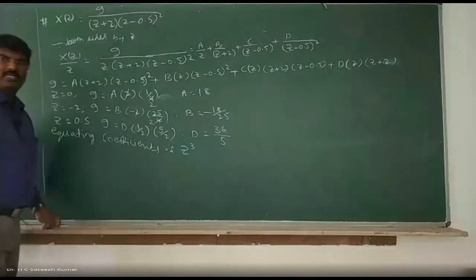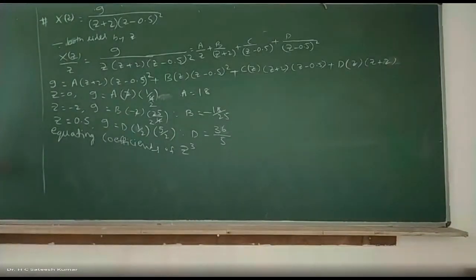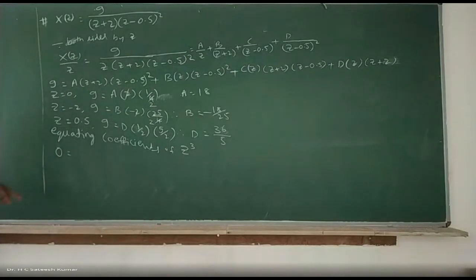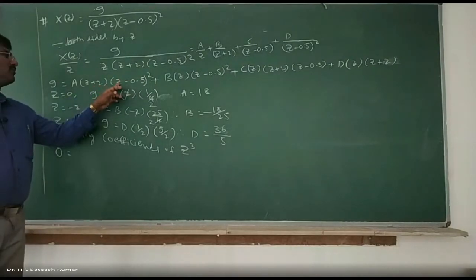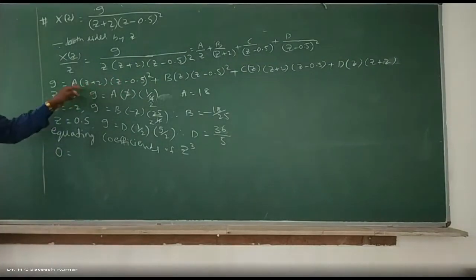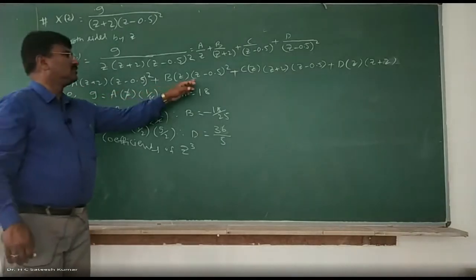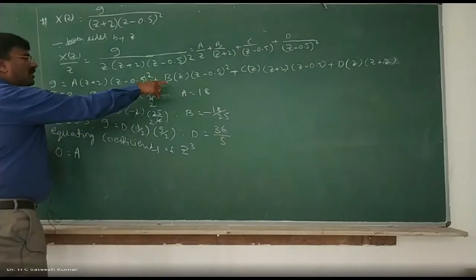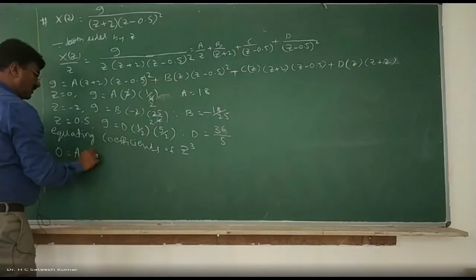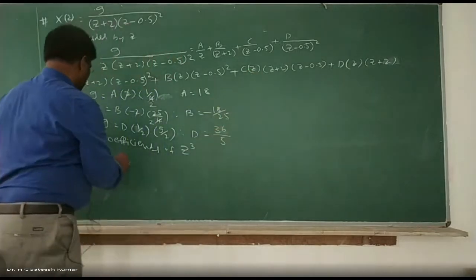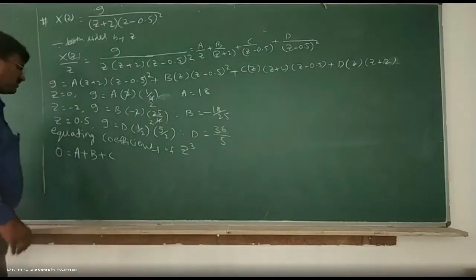Equating the coefficients of z cube. Left hand side, the z cube coefficient is 0. Here, z square into z is z cube, so the z cube coefficient is a. Here also the z cube coefficient is, z square and z is there, therefore plus b you will get it. And the z cube coefficient is c. That's it. A plus b plus c is equal to 0.